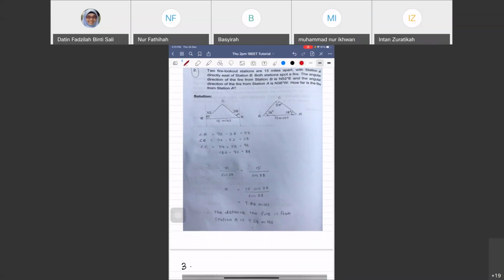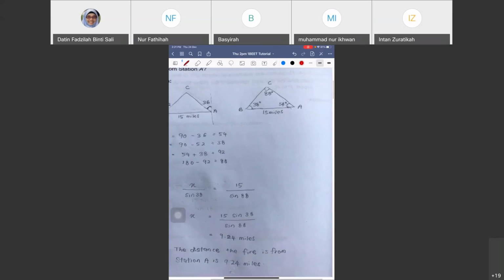The angular direction of the fire from station B is north 52 degrees east. And the angular direction of the fire from station A is north 36 degrees west. So how far is the fire from station A?